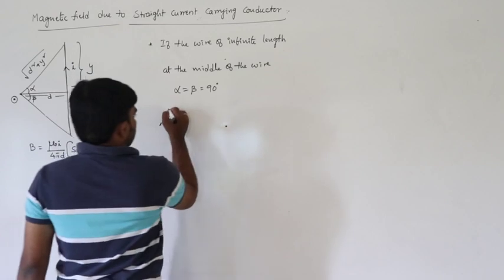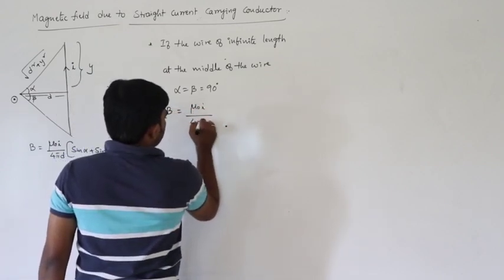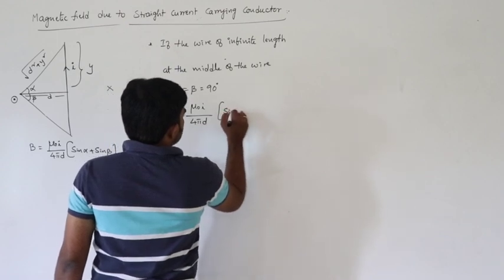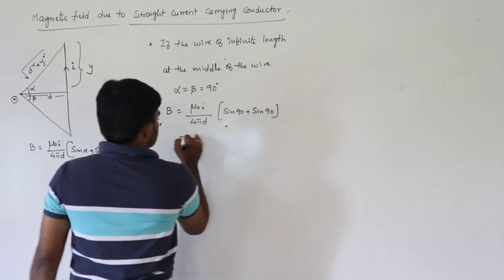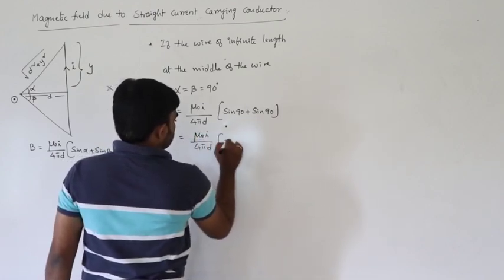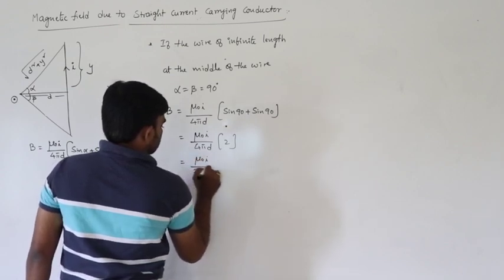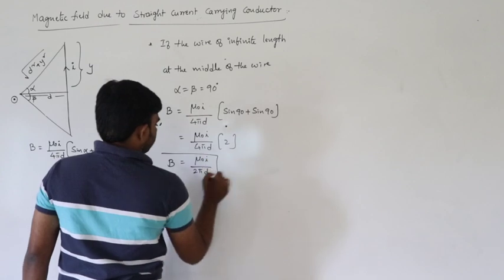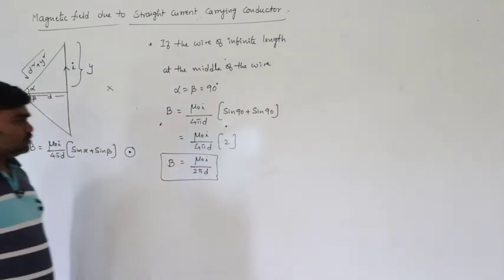Therefore B is equal to mu naught I by 4 pi d into sin 90 plus sin 90. So that is equal to mu naught I by 4 pi d into 2, that is mu naught I by 2 pi d. So B is equal to mu naught I by 2 pi d.